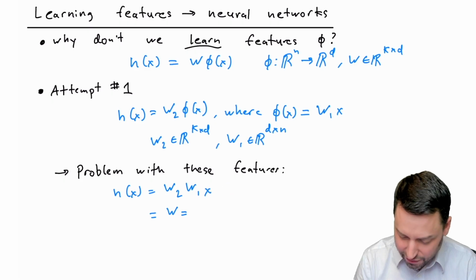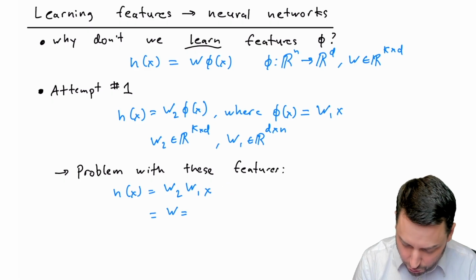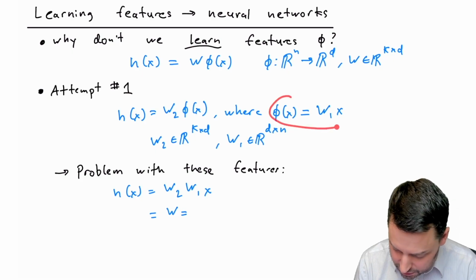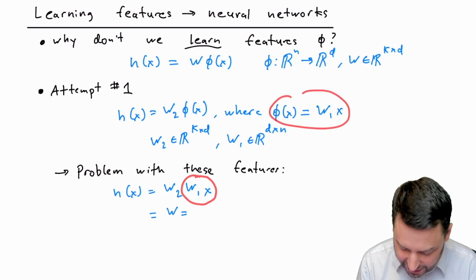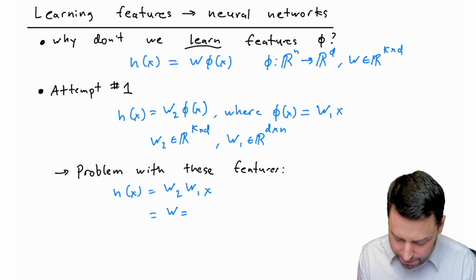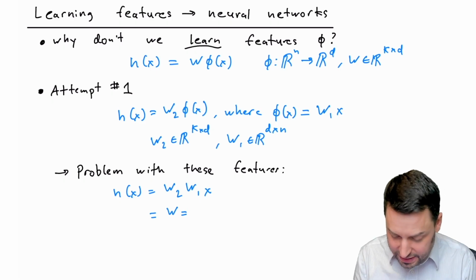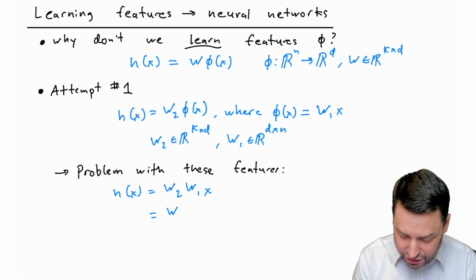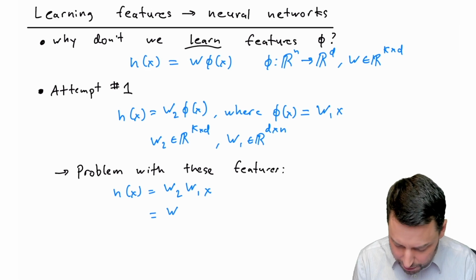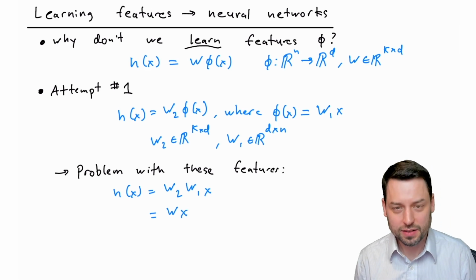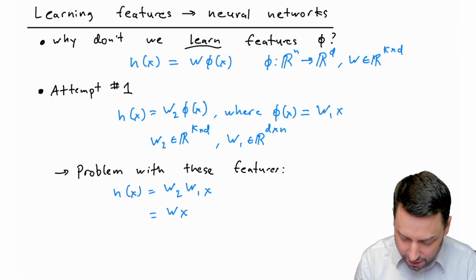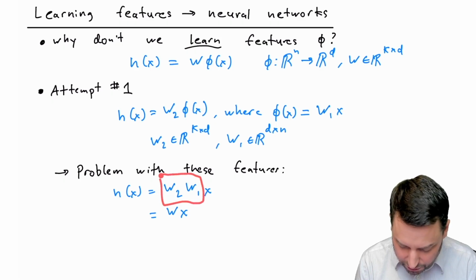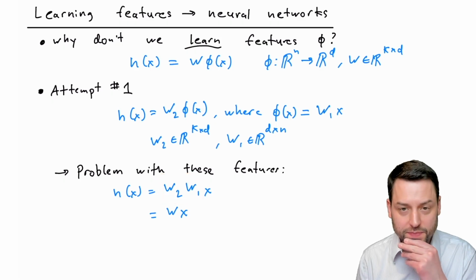No more phi, right? Because phi is equal to W1 times x. So if this was phi of x, that's just equal to W1 times x. But this is equivalent to saying there's just some other matrix W x. It's just the product of W2 and W1.